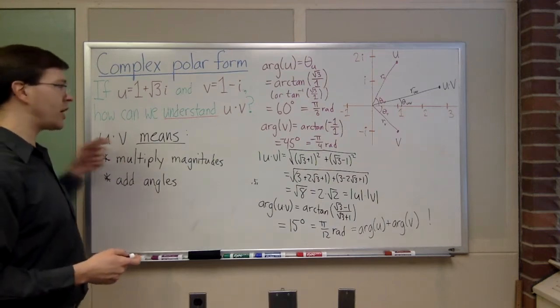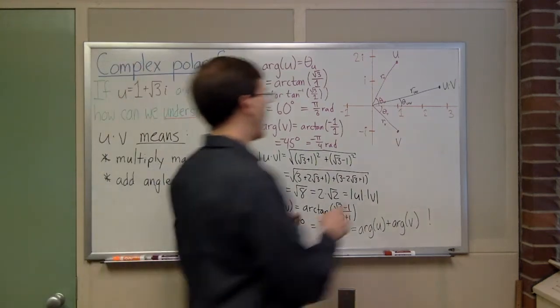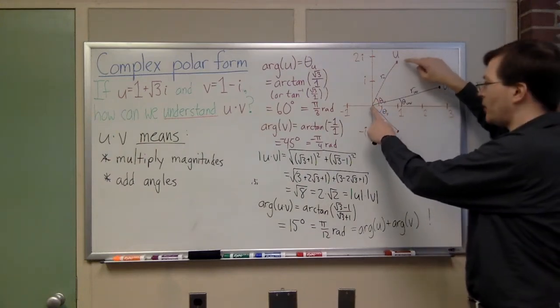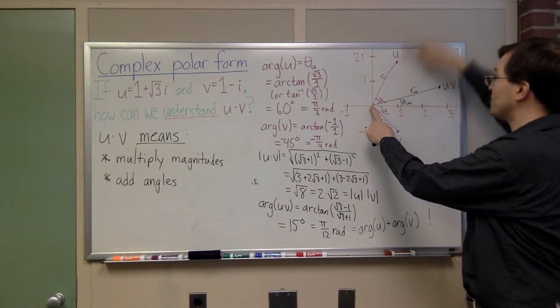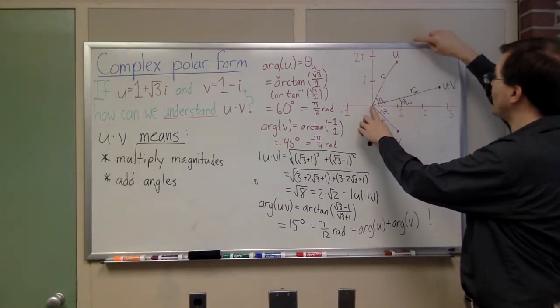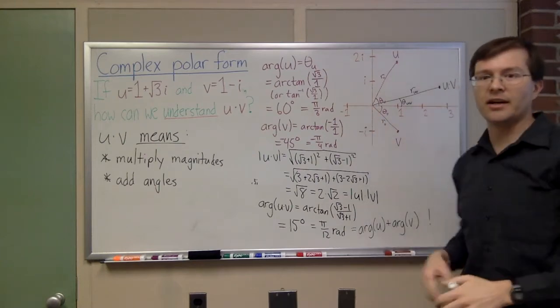So if I started with u and I multiply by v, I'm going to stretch u by a factor of square root of 2, make it that much longer, and then I'm going to rotate it negative 45 degrees. And that's how I get here.